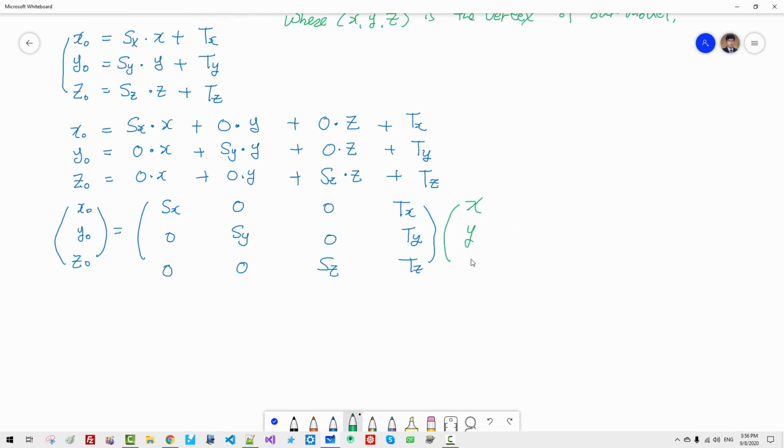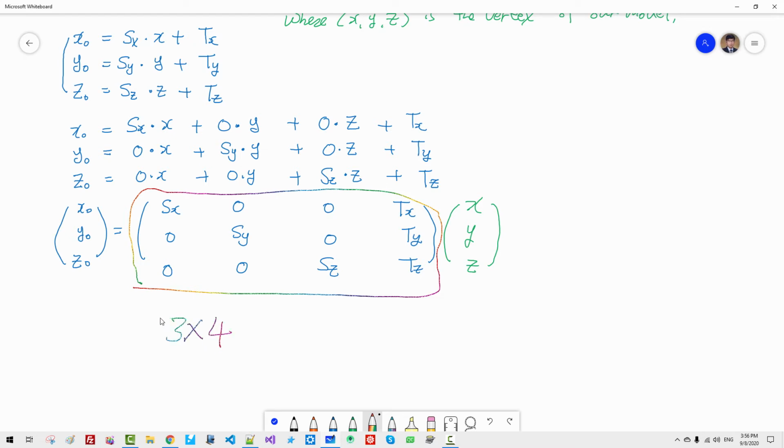[xo, yo, zo] equals the matrix [sx 0 0 tx; 0 sy 0 ty; 0 0 sz tz] times [x, y, z]. This matrix is 3 by 4, and this is a 3 by 1 column. This matrix operation obviously does not work.